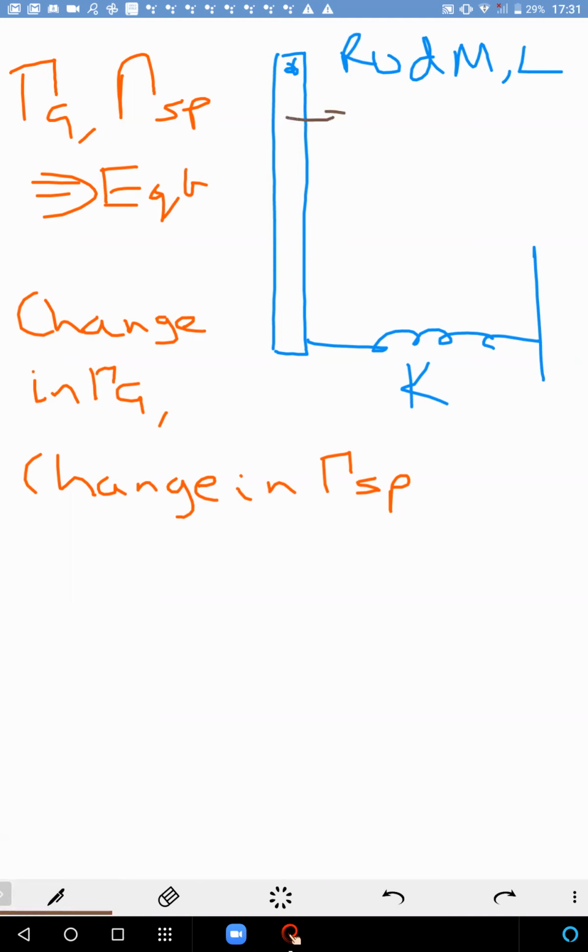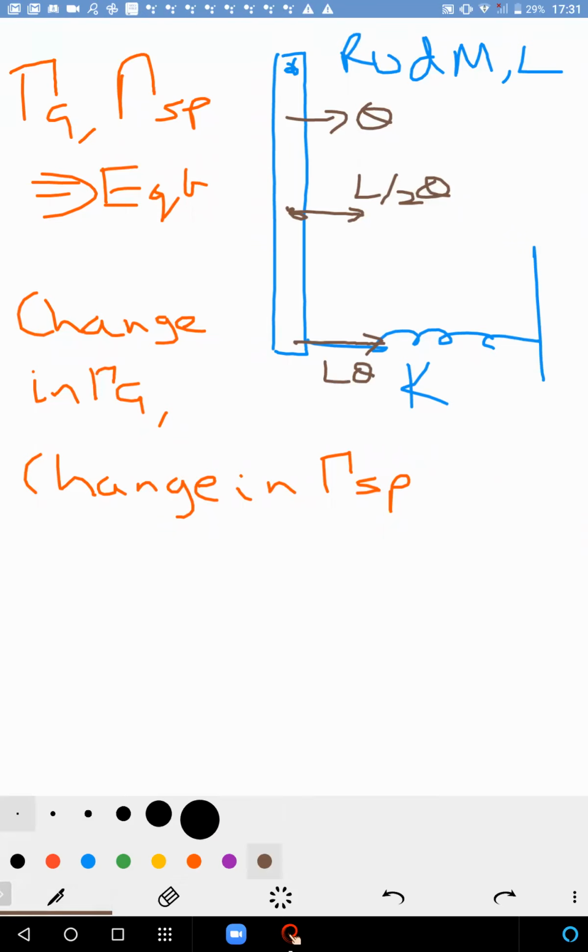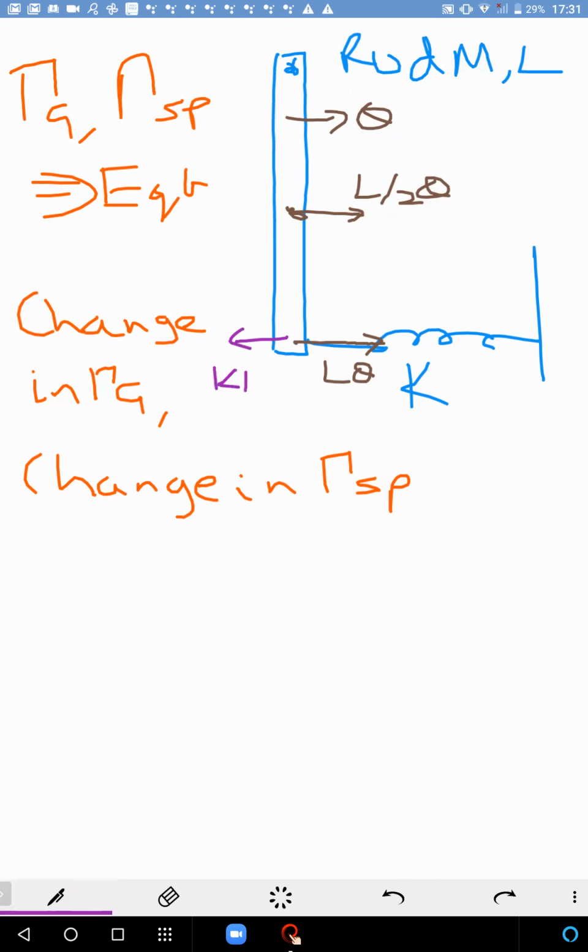So suppose it rotates by theta such that the center comes out by L/2 theta towards the right, and this end goes L theta towards the right. These are all exaggerated drawings. Theta is very small. Change in torque with the spring is not a big deal because the spring will push by KL theta, and this is in addition to whatever it was doing.